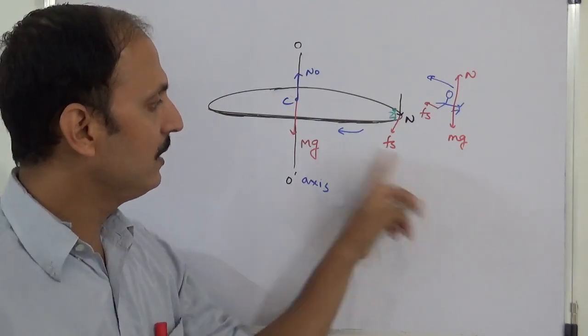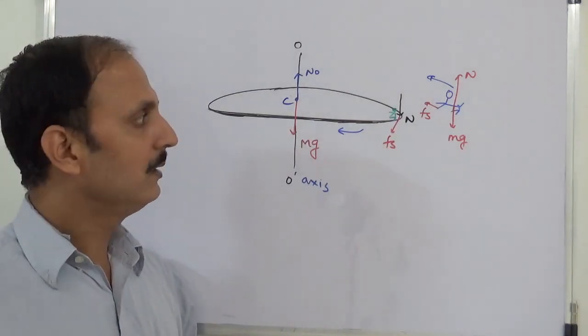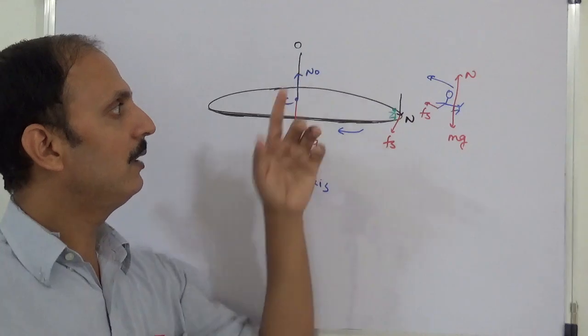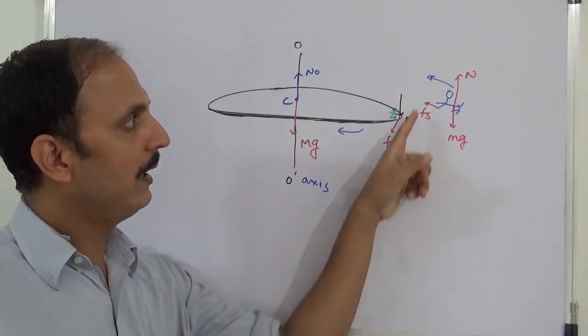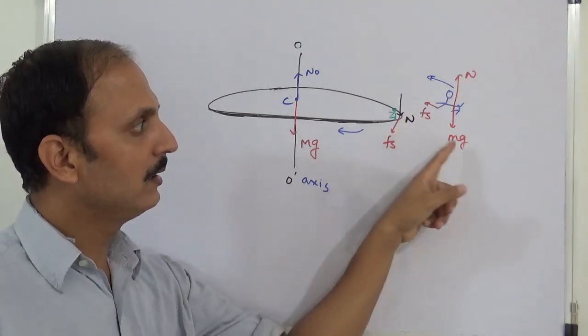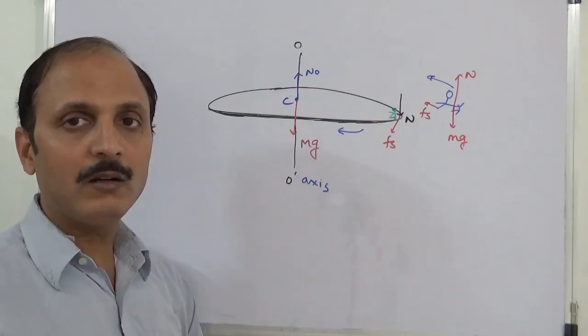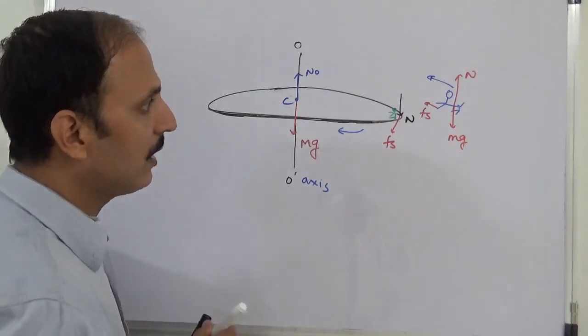The small mg will have a torque here. Due to this N and this N, N on the disk and on the insect, these two will cancel each other. So the mg of the insect will be there, and due to that, torque will be there.